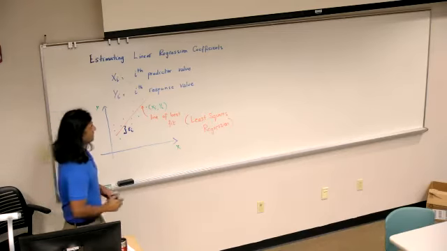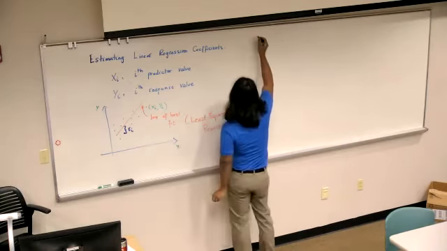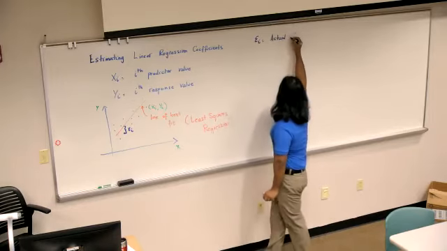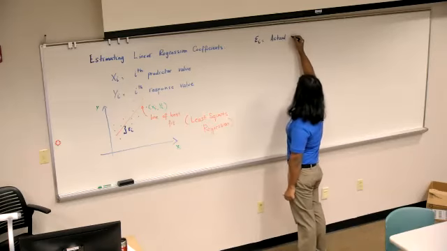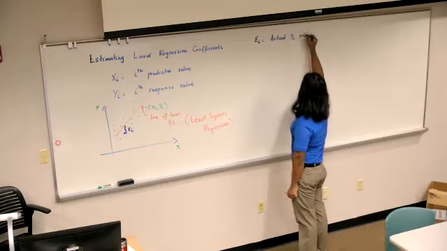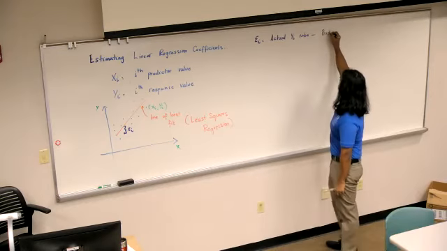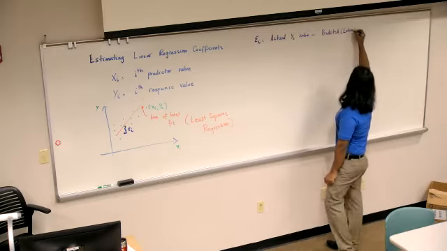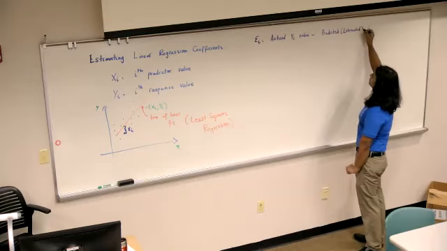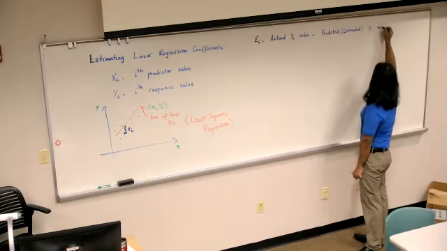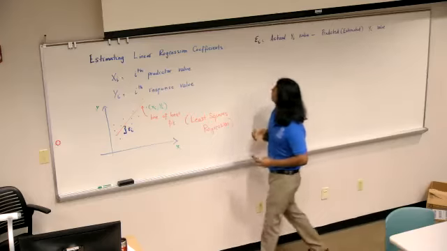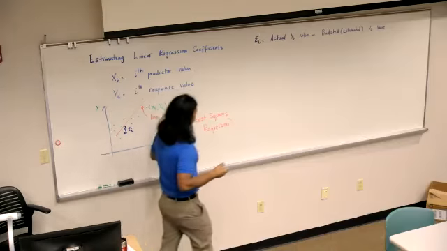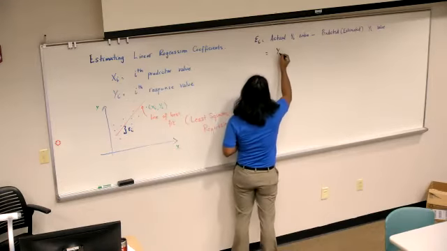So epsilon i is what we call the residual. In terms of expression, that would be yi minus yi hat.